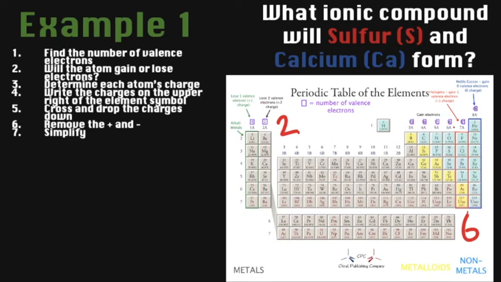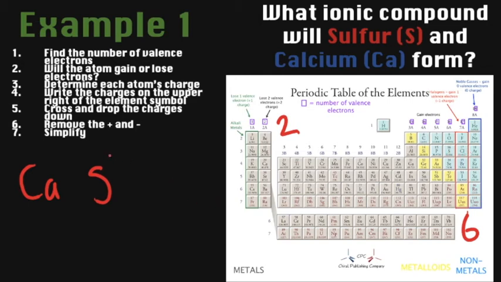Sulfur is in group 16. It's easier for it to gain 2 electrons. Okay, so determine each atom's charge. Well, let's do this. Okay, so I'm going to write calcium first, and then sulfur. Sulfur has 6 valence electrons. Here it is right here. What would happen if it gained 2 more to get to 8?